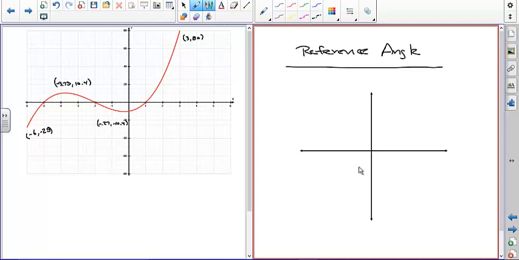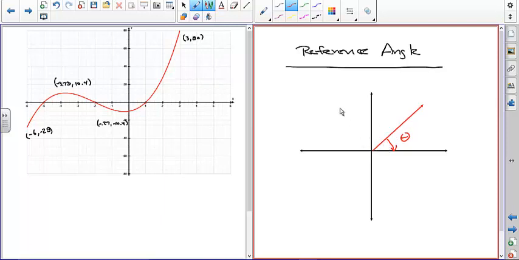Okay. So the reference angle is, if you remember angles in general, let's say we're measuring them relative to the positive x-axis. So this would be theta, the angle between the positive x-axis and some ray going from the origin.